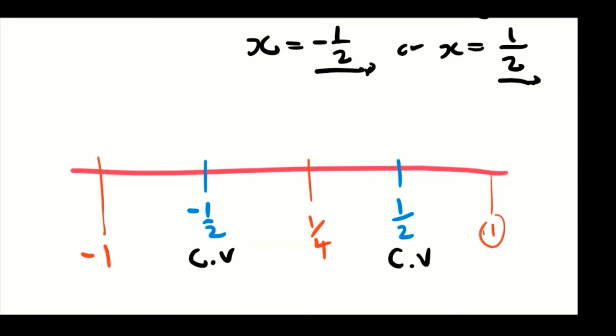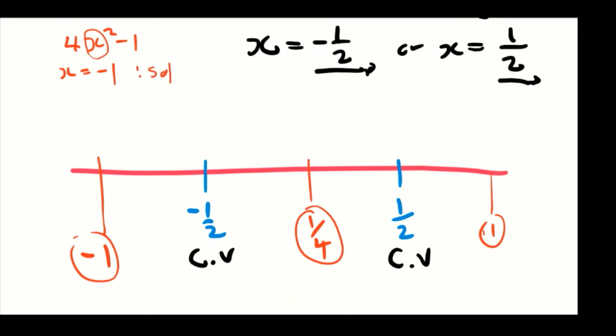So you're just going to test these values here and identify the signs of y, right? Because you're going to be testing them in the equation 4x squared minus 1, right? So where you see x, you would put x equal to minus 1, and then find its solution, right?